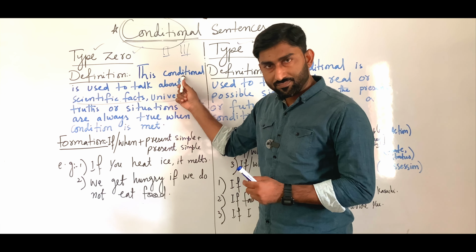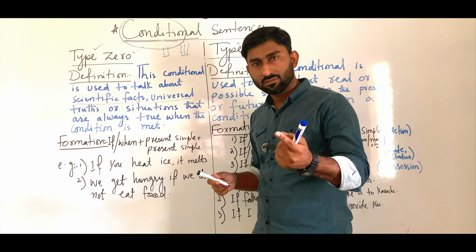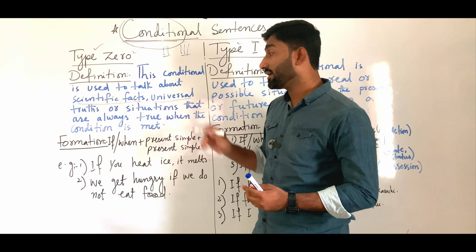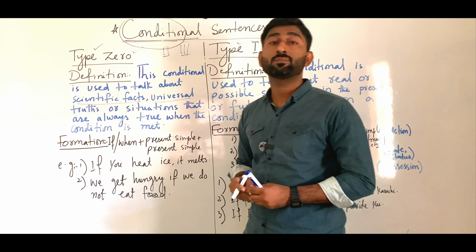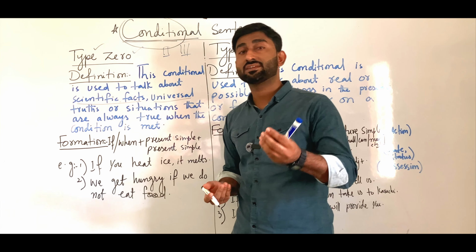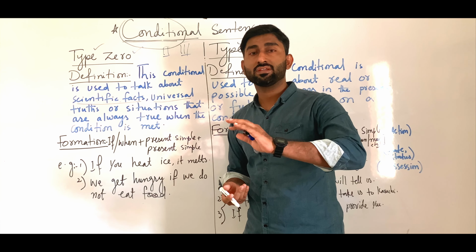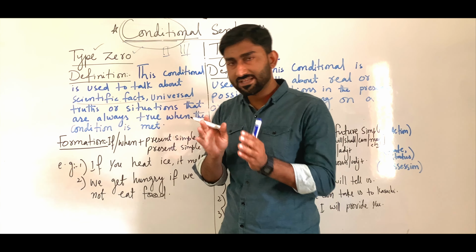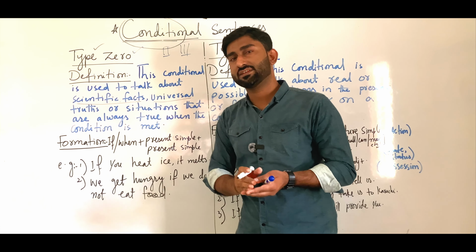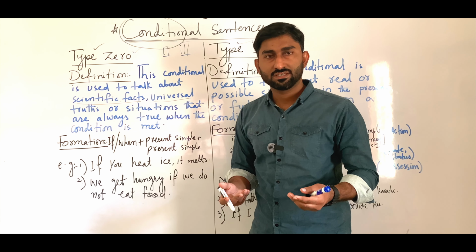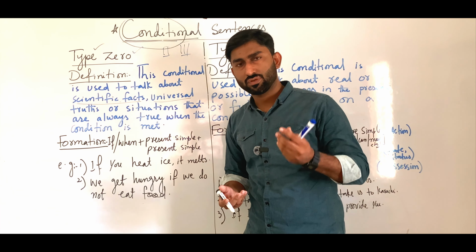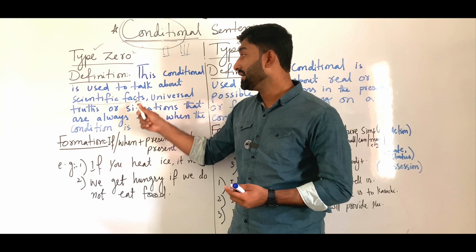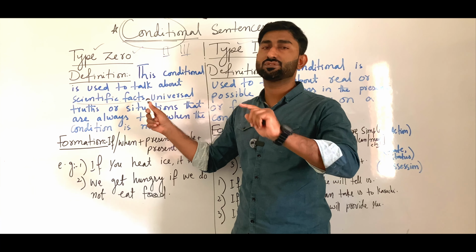The condition which is scientifically proven, which is a universal fact or a universal truth, or it is a kind of situation that cannot be denied, that is true and generally acceptable, and no one can deny it, for that we use type 0. That is, any such truth, scientific reality or universal truth, or a truth that is generally accepted by the majority, we talk about it in type 0.